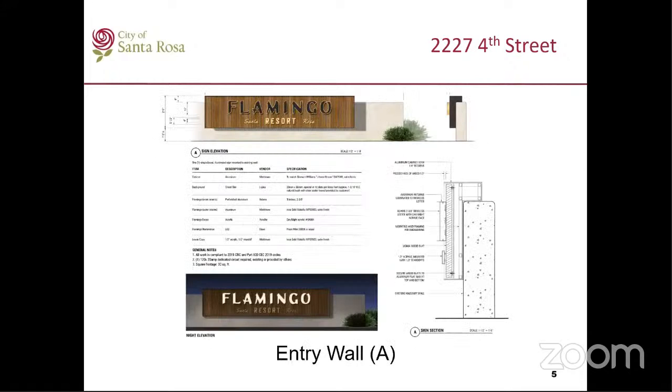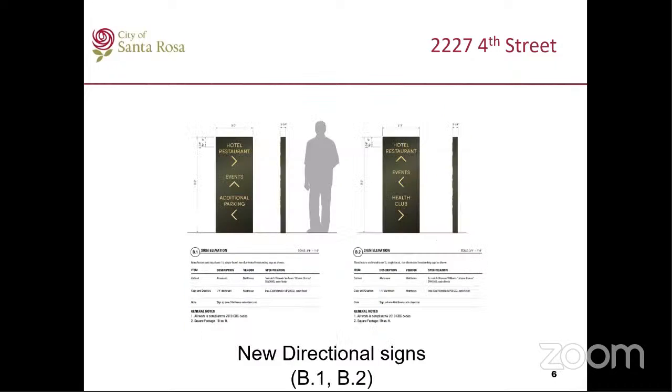So here's the first sign, A. It's an entry wall sign measuring 30 square feet. I'll just go through these to give you a better idea of the signs that are being proposed. Two new directional signs.